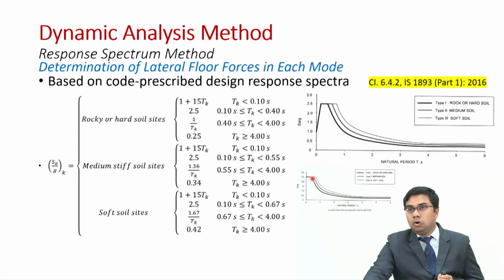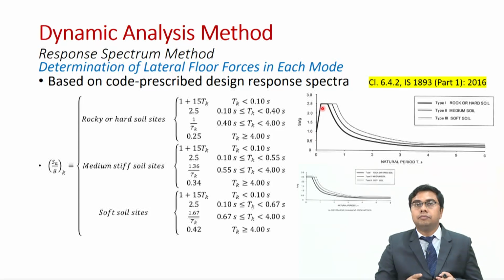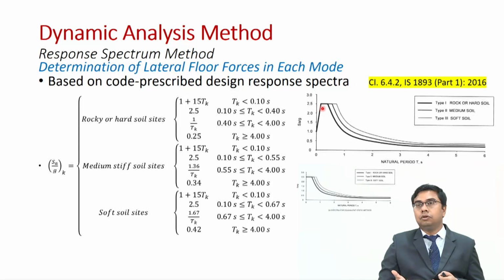The difference is only for extremely stiff structures, where for extremely stiff buildings, if you are using a response spectrum method, then you can allow this reduction in design seismic force, because the design seismic force is proportional to SA by g, and here a reduction in SA by g will lead to reduced seismic force. Why is this reduction allowed? Because response spectrum method is a little more evolved than equivalent static method.